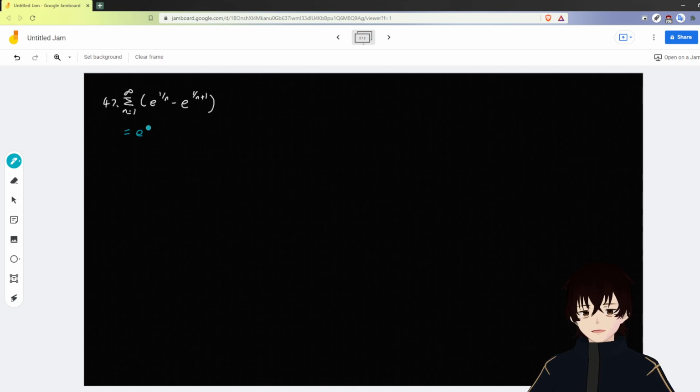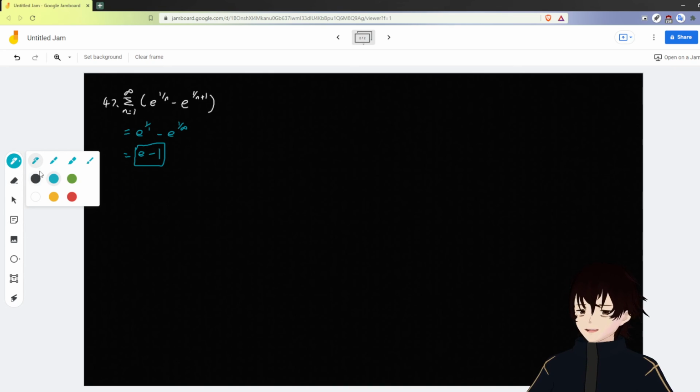So that's going to be equal to e to the power of 1 over 1 minus e to the power of 1 over infinity, which is equal to e. That can't be, wait. No, minus 1. E to the power of 0 is 1. Oh my god, I just figured out the shortcut to telescoping sums.